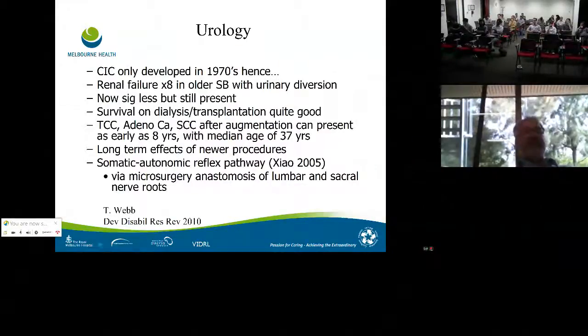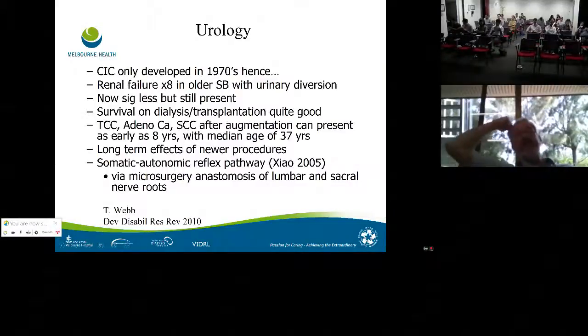There are still present issues with renal failure, although this is significantly less in terms of death. Interestingly, survival on dialysis and transplantation is quite good.